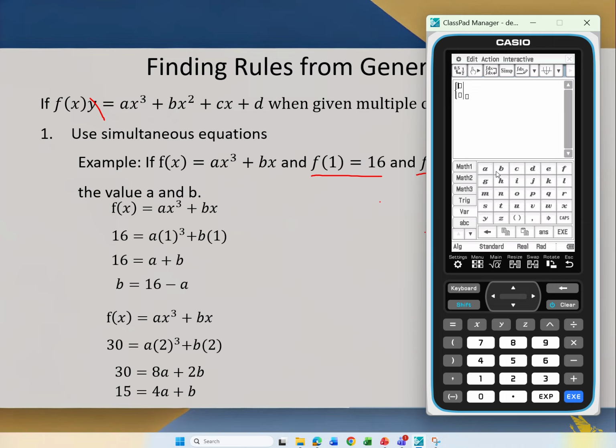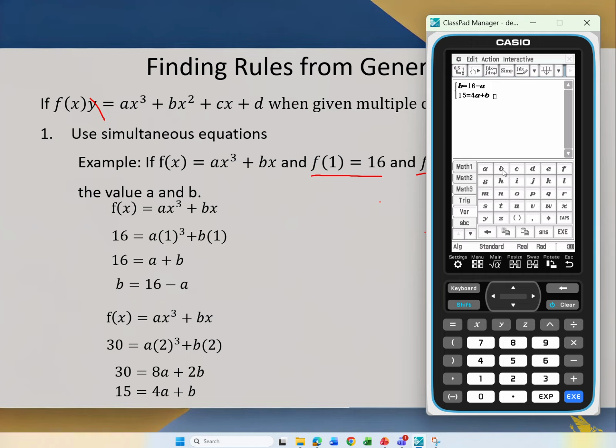Remember, variables are in VAR. The first equation I've got is B is equal to 16 take away A. And my second equation is 15 is equal to 4A plus B.